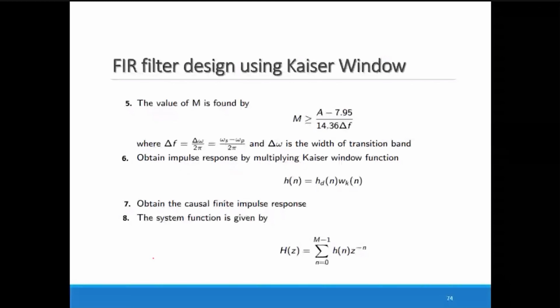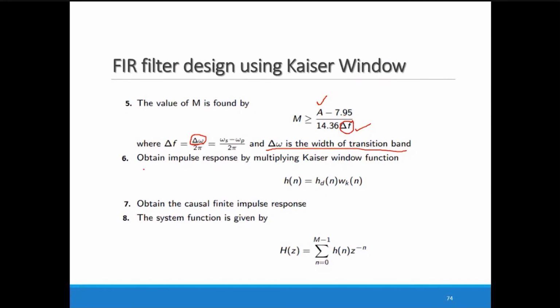Delta omega is nothing but the difference between stop band and pass band, that is, omega s minus omega p, divided by 2 pi. Delta omega represents the width of the transition band. So you have to calculate this delta f, apply it over here. A you already calculated in the previous step, apply this to get the value of M.